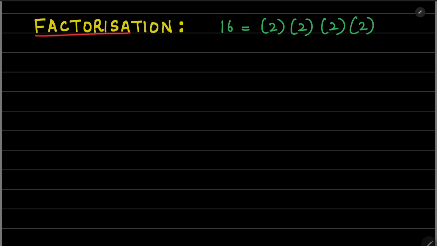This is what is called factorization. This is a whole number. If you are given a polynomial, you can use multiple methods to factorize a quadratic polynomial of degree 2. There are multiple methods, but the one which we will see today is how to factorize using middle term splitting.